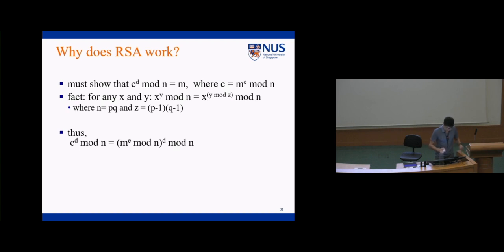The property we want to show is this: C is your ciphertext, obtained by encrypting the message with the public key. When you then encrypt C with the private key, you obtain the original message. And we are going to prove why that works.